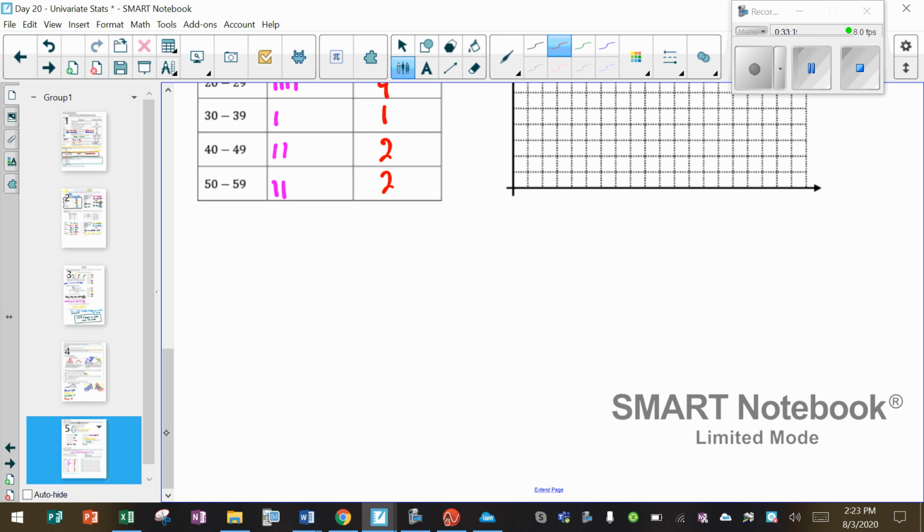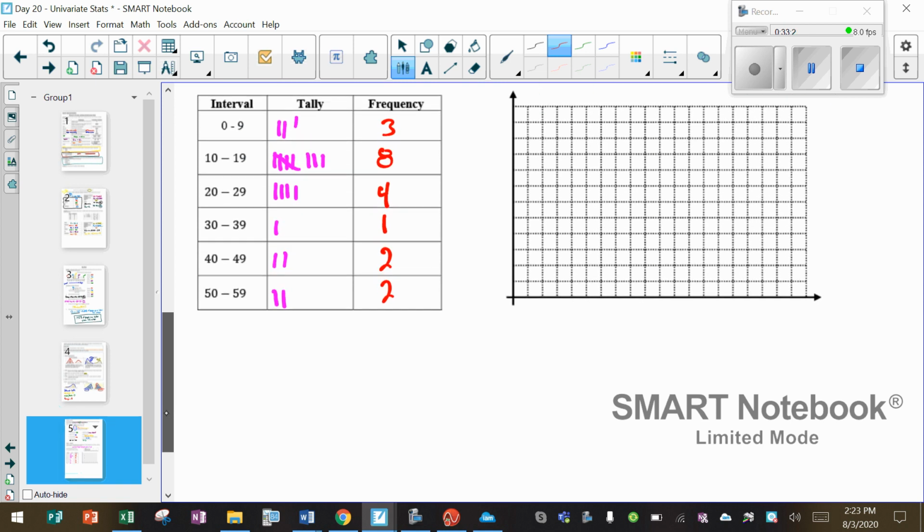to put across the bottom, the x-axis. So our intervals go along the x-axis, and our frequency goes along the y-axis. So the frequency is how many times there was a score within the interval that was given to us. So we have 6 intervals, and our intervals have to be the same size across the bottom of our graph.